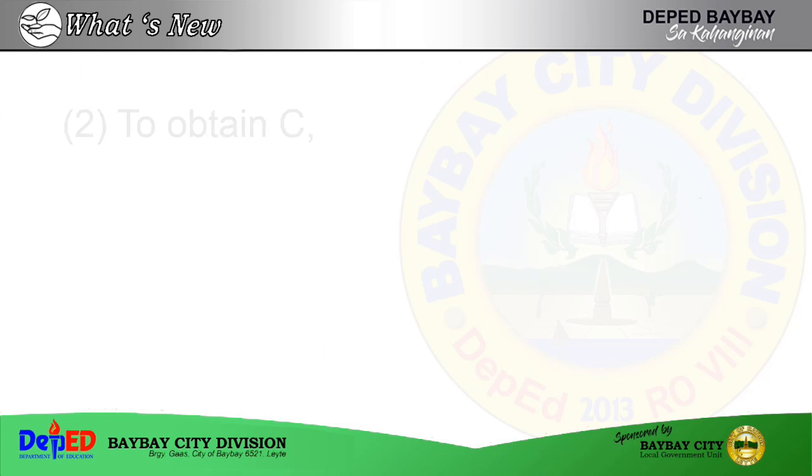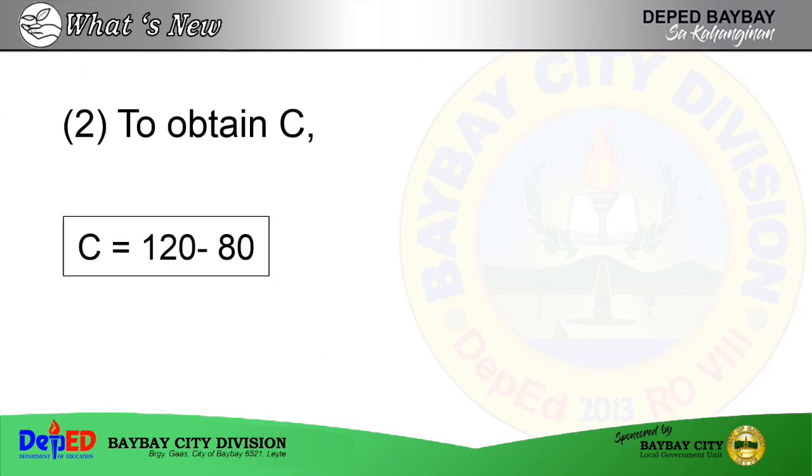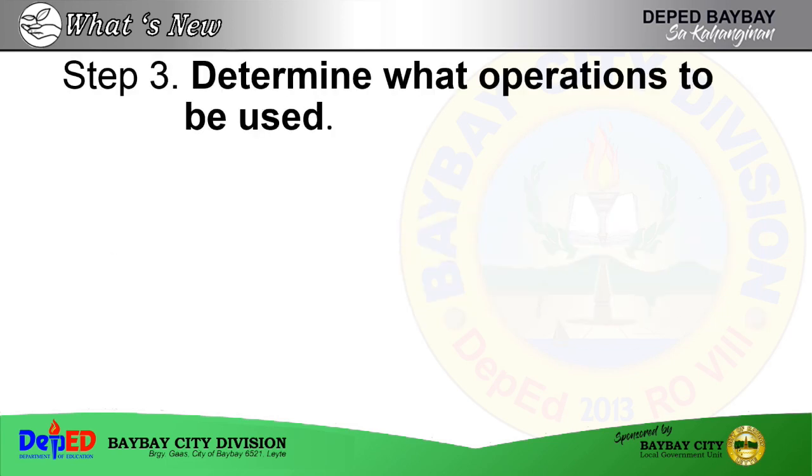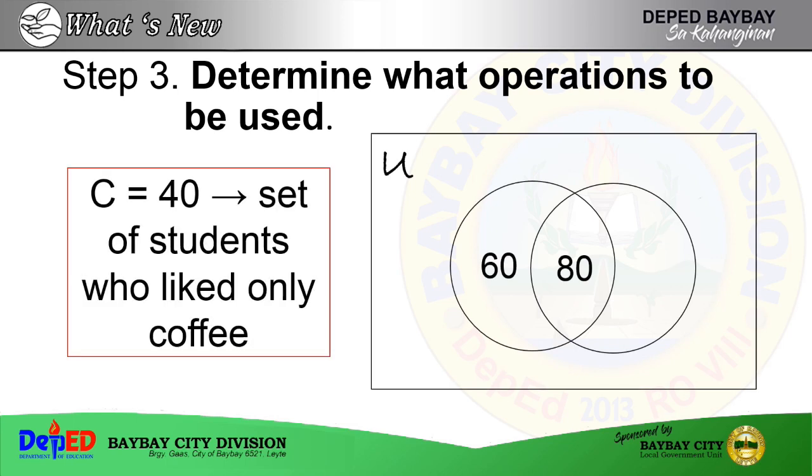To obtain C, C equals 120 minus 80. These are the students who like coffee minus the students who like both tea and coffee. So, C equals 40, the set of students who like only coffee.